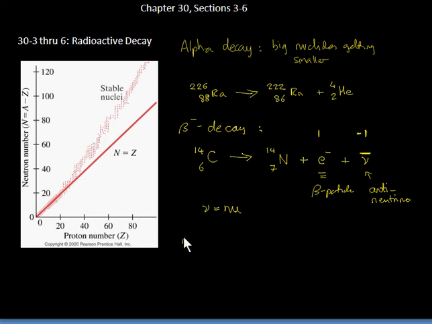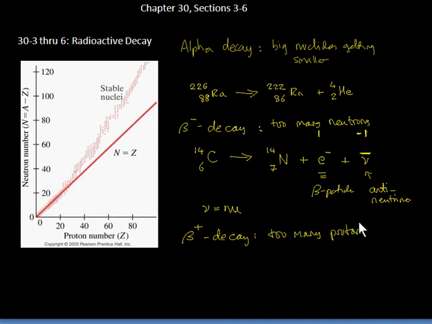There's also occasionally beta plus decay. Now this beta minus is when there's too many neutrons, and a neutron turns into a proton to rebalance things. Beta plus decay, there are too many protons.